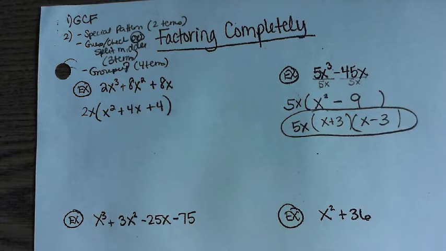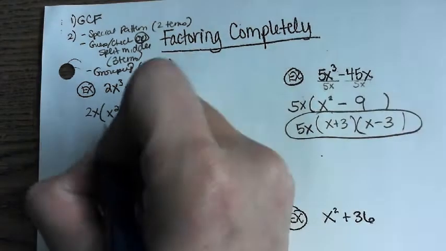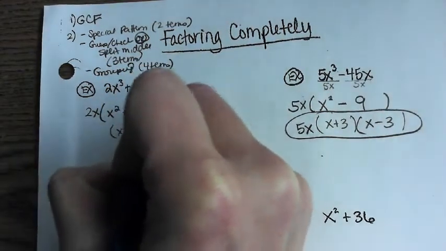Raise your hand if you can tell me what that trinomial is going to factor into. Jack Taylor. Very good. x plus 2 and x plus 2.